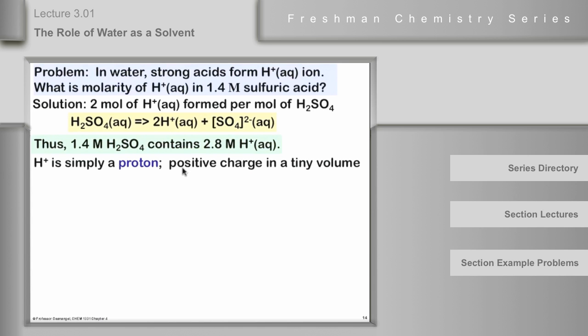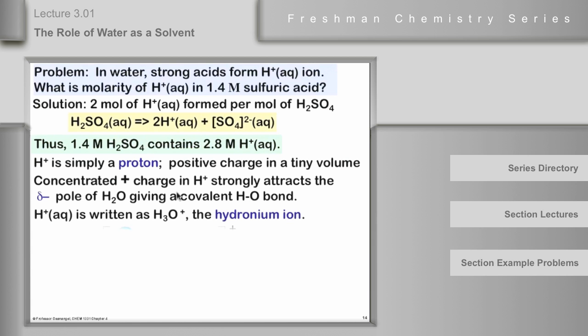It has such dense positive charge that it cannot exist by itself in either liquid or solid. It can only do that in the gas phase under certain conditions. So hydrogen ion aqueous means that it is strongly attached chemically to water molecules.